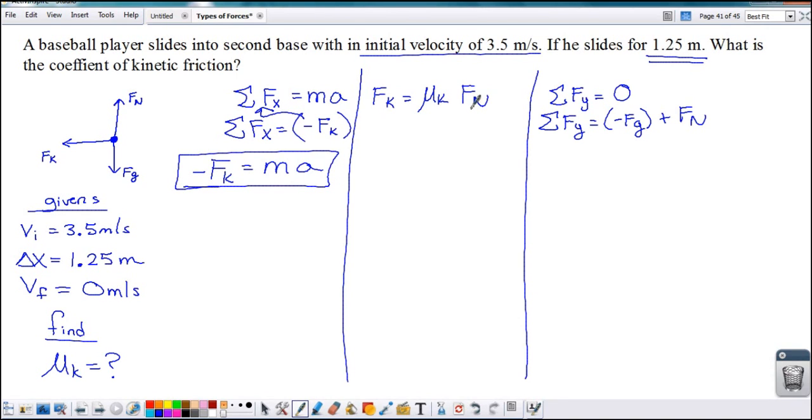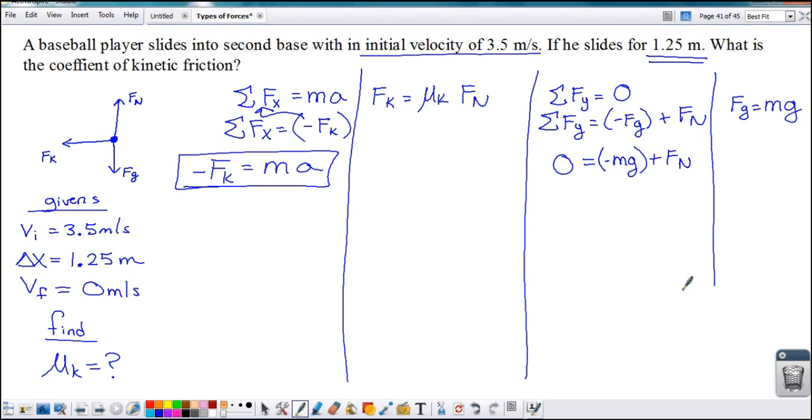Okay. Then the normal force will be over in this one. Okay, so I can substitute the 0 in. And I can go ahead and figure out the gravitational force, which we don't know, but I do know that the gravitational force is equal to the mass times gravity. We made this negative, so I'm going to put negative mg in here, plus the normal force.